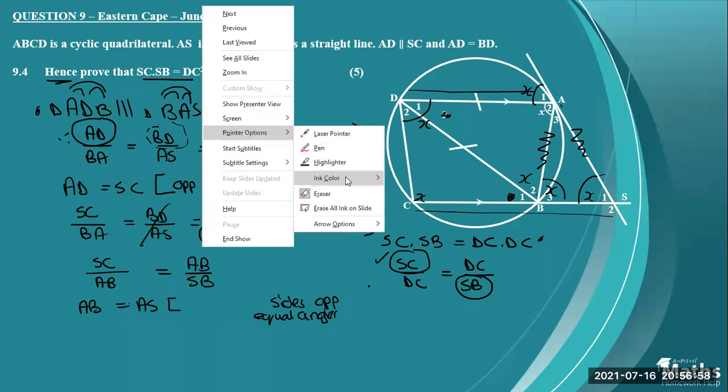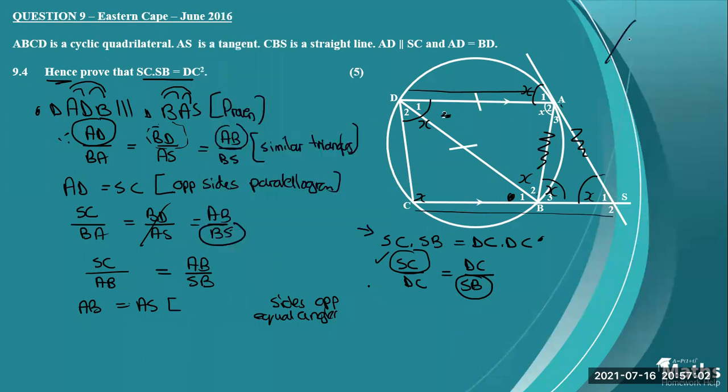Do you see what I'm doing? I'm working with the reverse. We normally say angles opposite equal sides. If we have the sides, then we say, okay, so this one will be equal to this one. Angles opposite equal sides. But now it's the opposite.